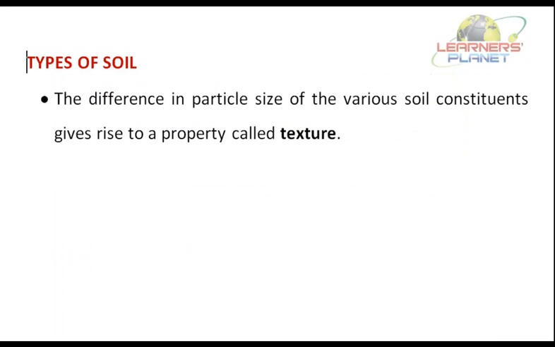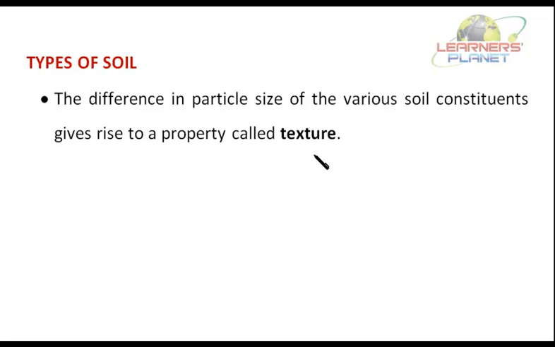Now students, before discussing types of soil, we need to get familiar with a term called texture. Students, the difference in particle size of the various soil constituents gives rise to a property called texture.